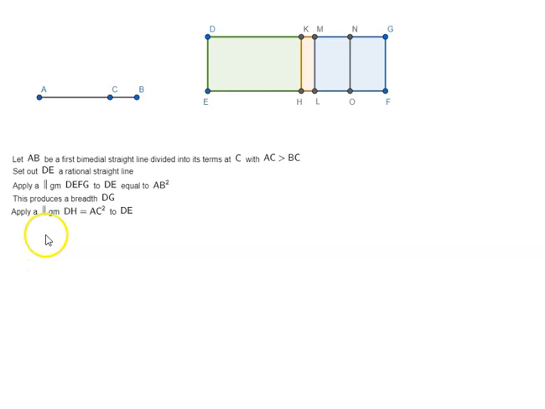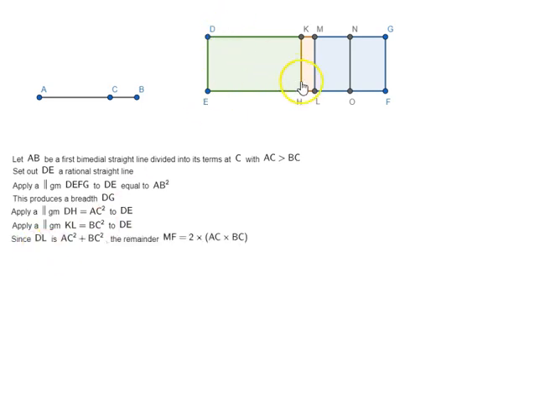So now we apply a parallelogram DH equal to AC square to DE. We apply a parallelogram KL equal to BC square to DE. We actually don't apply it to DE itself. We apply it to KH, but KH is equal to DE, so it is as good as applying it to DE.